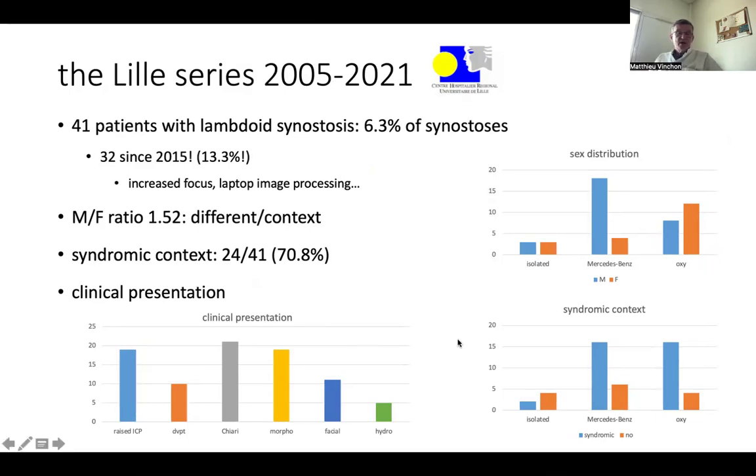We see more frequent cases in children, in males, which accounts mostly for the Mercedes-Benz form, because in fact we found in Mercedes-Benz the male predominance we have in all sagittal synostosis. And also we find a high number of syndromic cases in Mercedes-Benz syndrome or oxycephaly.